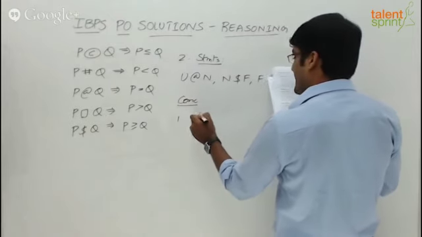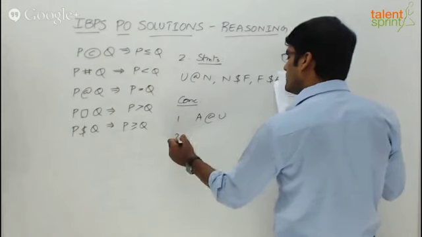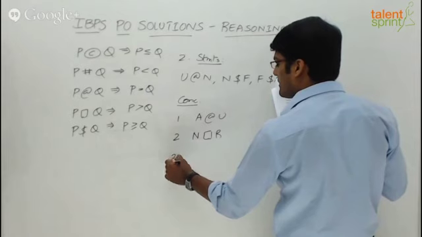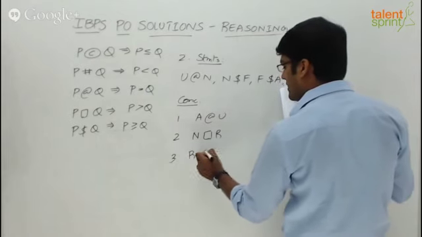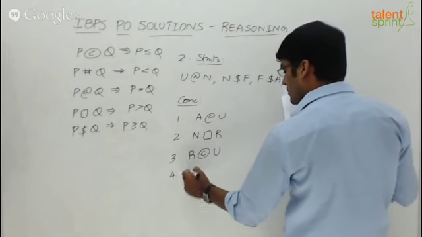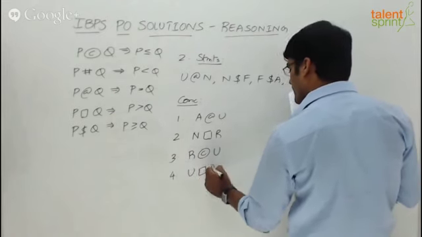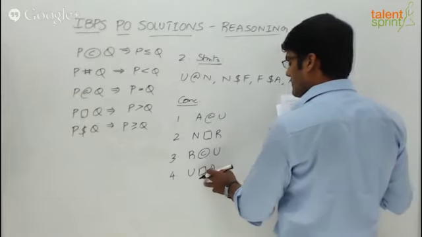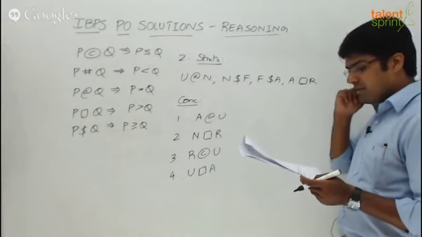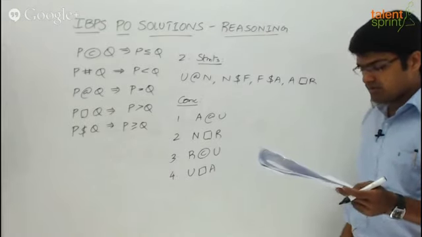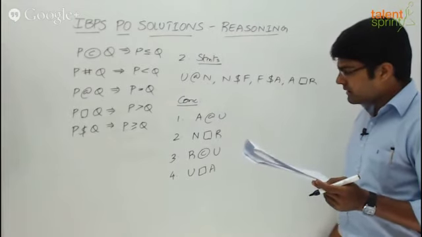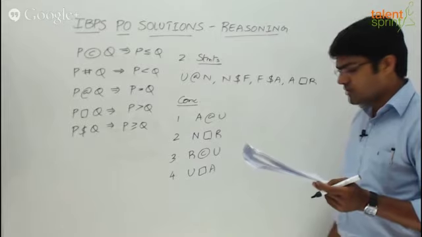First one, A at the rate U. Second, N square R. Third one says R copyright U, and the fourth one is U square A. So the statements are U at the rate N, N dollar F, F dollar A square R, and the conclusions are A at the rate U, N square R, R copyright U, U square A.